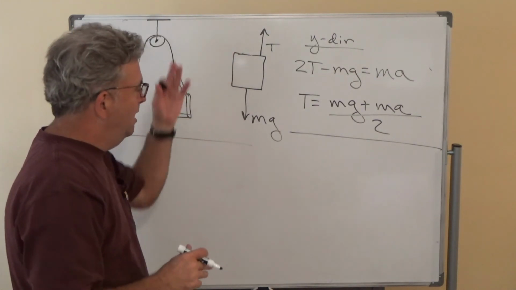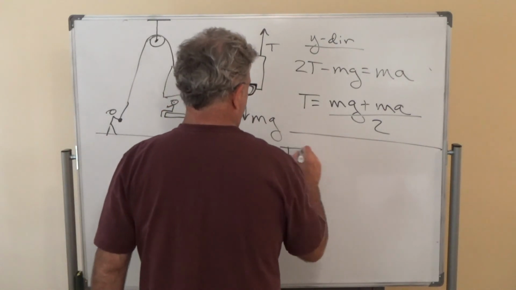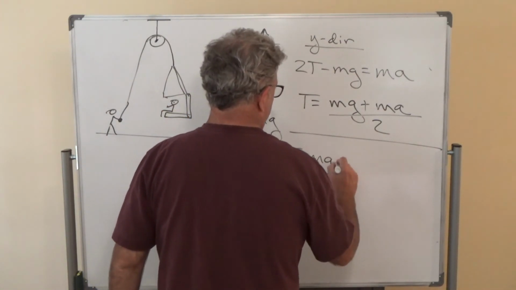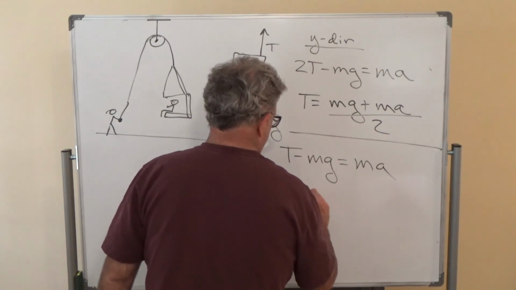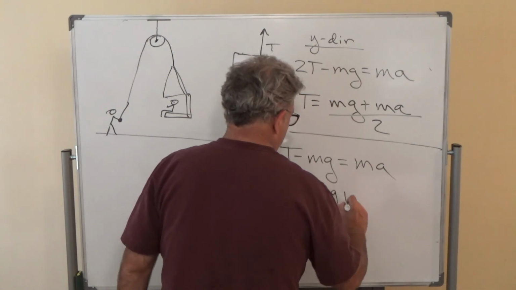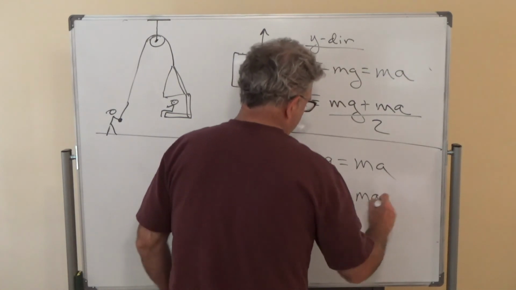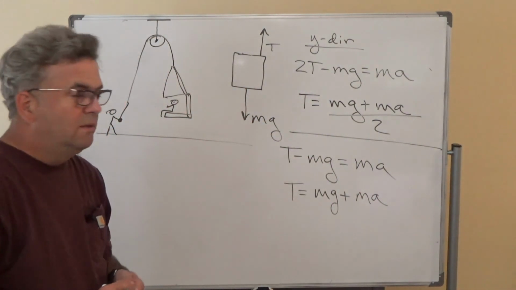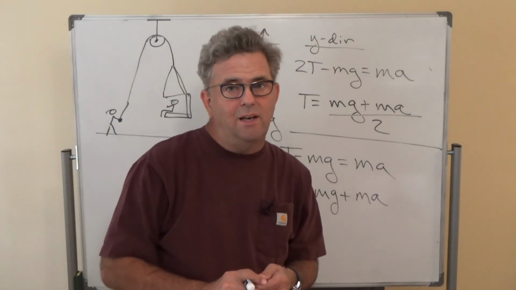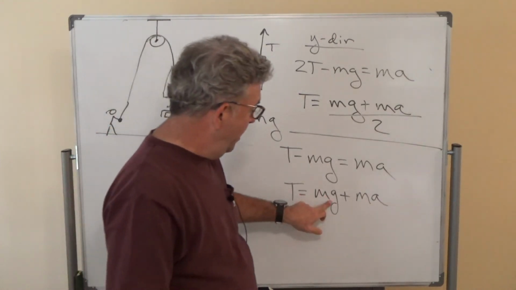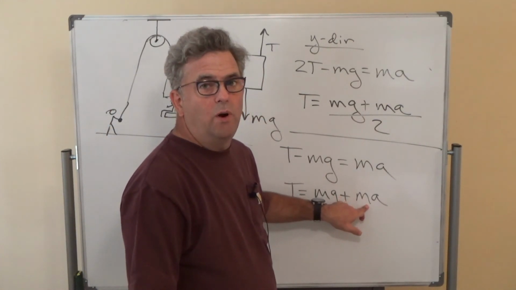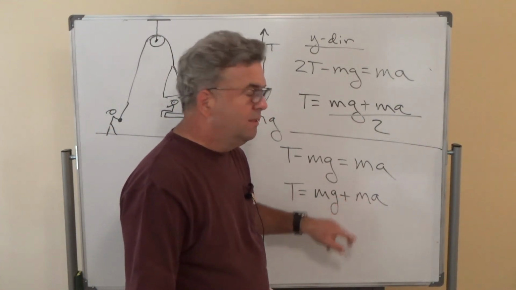It's the exact same setup, except now it's T minus mg is equal to ma, and you get T is equal to mg plus ma. Takes twice the lifting force. Takes the whole thing, mg plus however much you want to accelerate that person times m.